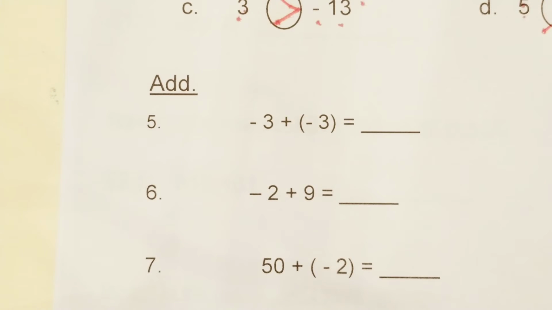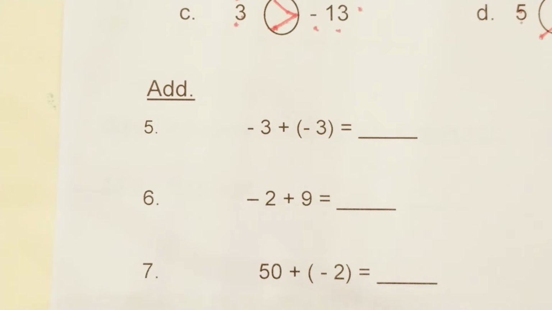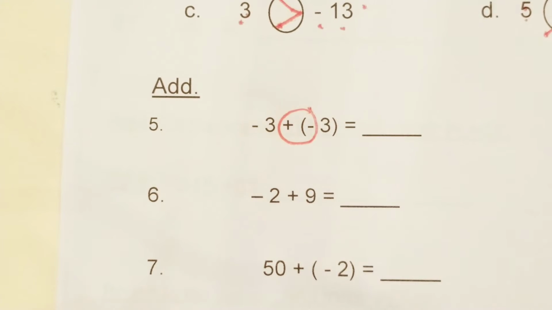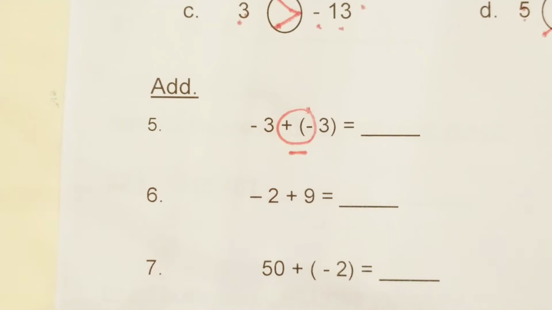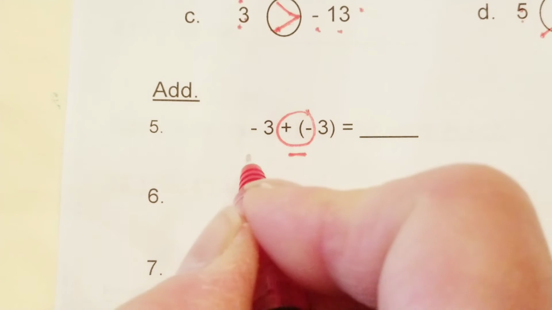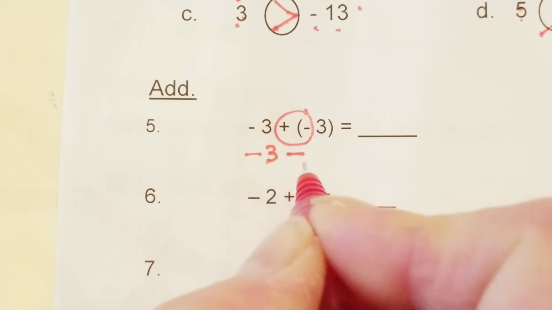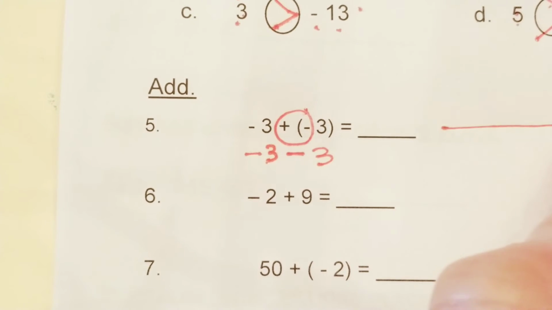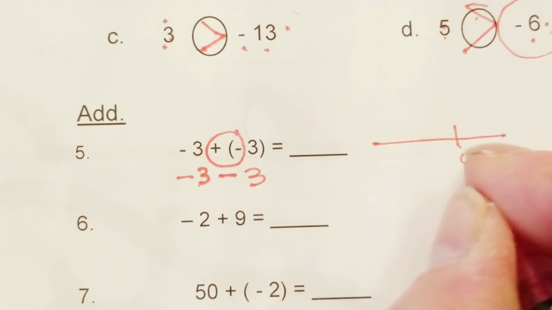Moving on, number 5. We have -3 plus a -3. So remember, when you're adding and subtracting and you have a positive and negative together, that translates to a negative. A negative and a positive is a negative. So if I were to rewrite my problem, -3 minus 3, now I'll look at the number line here, 0.